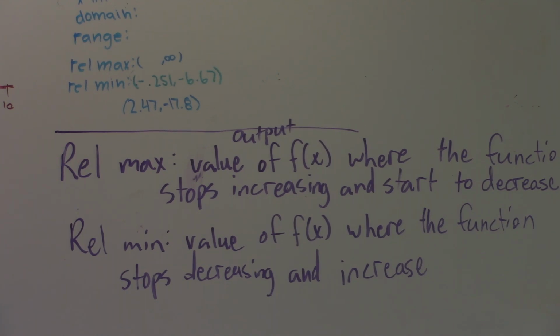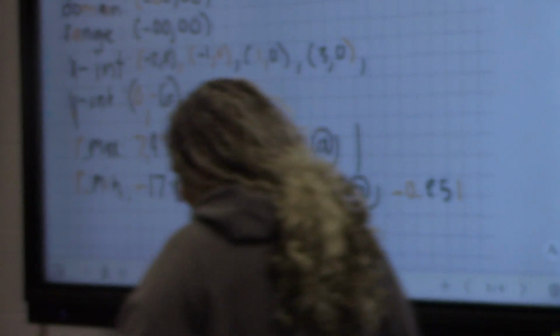Value. Why do I emphasize that it's the value? It is the output. When we say a relative minimum and a relative maximum, I'm focused on the output. I want to emphasize this, because Miles and I were talking about it earlier, and it is a good idea to note.